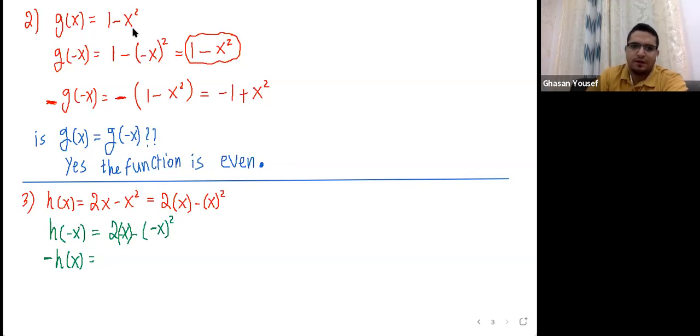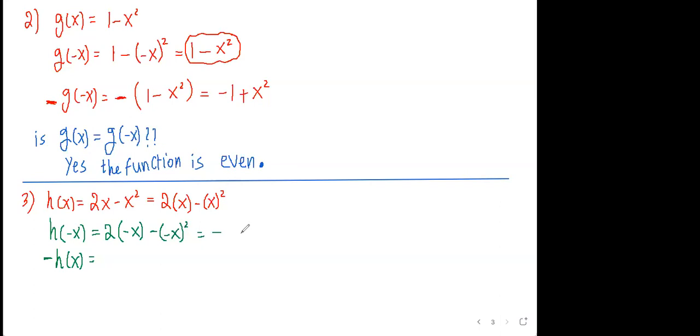So as Bilal said, we can plug the minus, so I'm going to get 2 times minus x minus parentheses minus x squared. Let's simplify this. 2 times minus x gives me minus 2x.